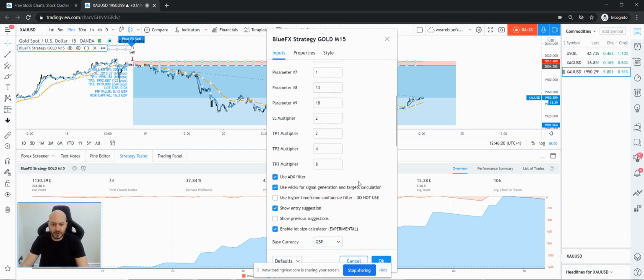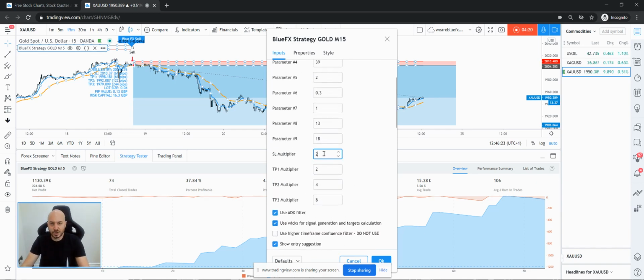So what I've got up here, look, is a 2 ATR stop loss. So TP1 with a 2 ATR is based on a 1-to-1 risk to reward ratio. So if you're risking £10, based on an exit strategy on TP1, you're going to make £10, okay? TP2 is 4 ATR, so it's double that of the stop loss.